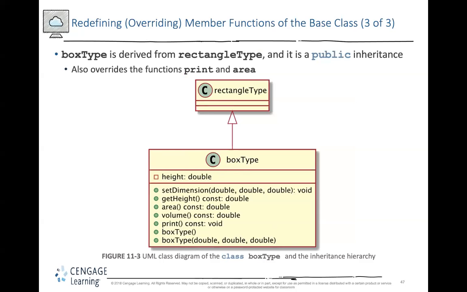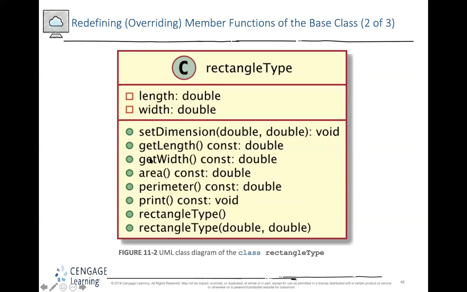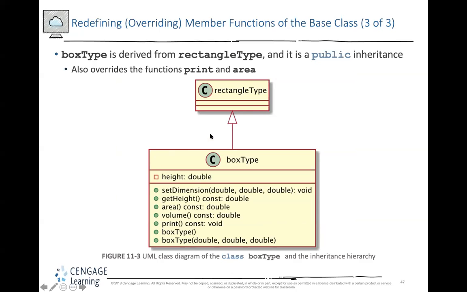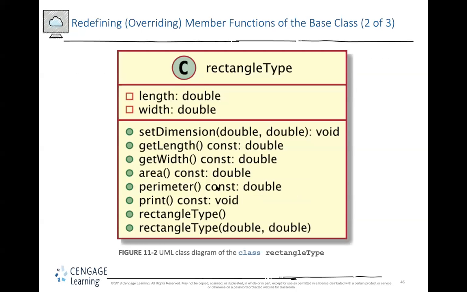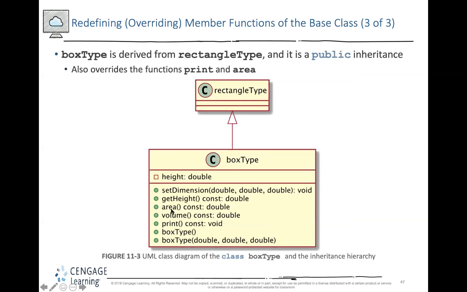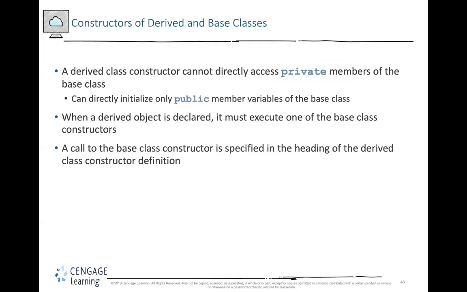You'll see that set dimension is not really overridden because it's a different method with a different parameter list. But the area, for example, might be overridden if you redefine it. If you don't redefine it, the same method will be inherited and available in box type.